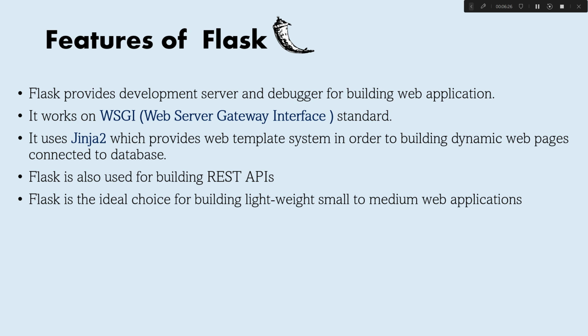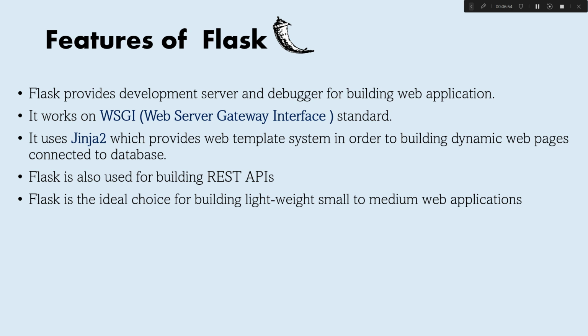Second thing, which is very important, is the Jinja tool, because it supports a web templating system in order to build dynamic web pages connected to the database. Any web application is incomplete if you don't provide some dynamism in it. And we know that to make any web page dynamic, we have to connect our web application with a proper database.